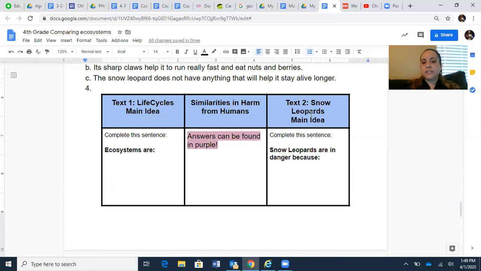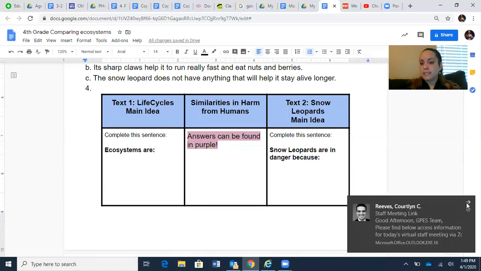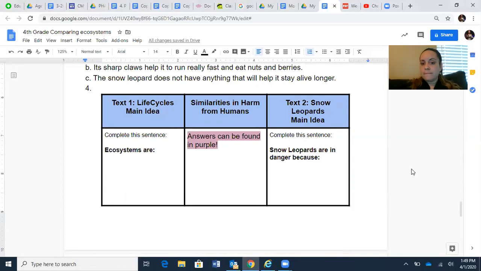In text 2, snow leopards, main idea. Snow leopards are in danger because, so finish this sentence, in danger. Why are they close to not being alive anymore? Okay? Finish this sentence and finish this sentence.